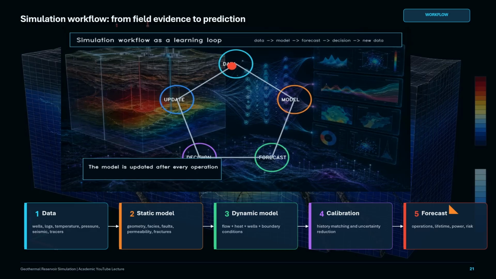Then we add dynamic physics, fluid flow, heat transport, phase behavior, and sometimes geomechanics and geochemistry. After that, we define well controls and operational scenarios. Finally, we calibrate the model against observations and use it to forecast future behavior. The best workflow is iterative. As new monitoring data arrive, the model should be updated rather than treated as fixed.